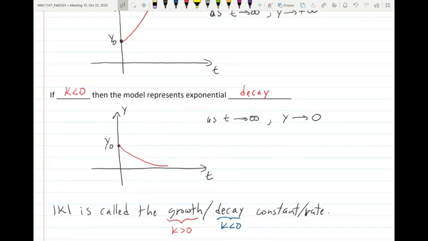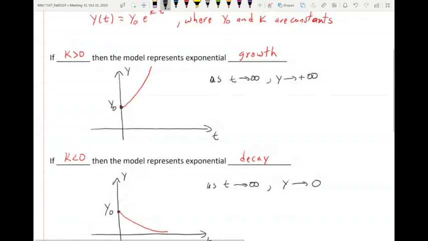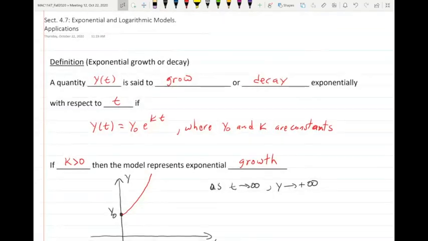In the book it says that if k is between 0 and 1, it has exponential decay. So is it k, or does it always have to be the base? You mean k or the base? The base. Exactly. So the base is between 0 and 1. That will happen when k is negative. So again, like I said, look at the general formula, e to the kt.